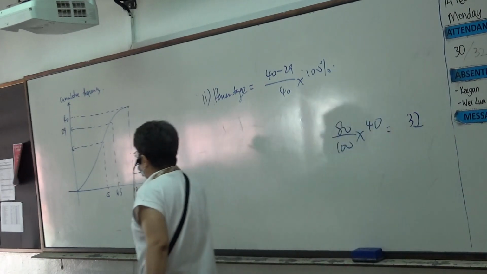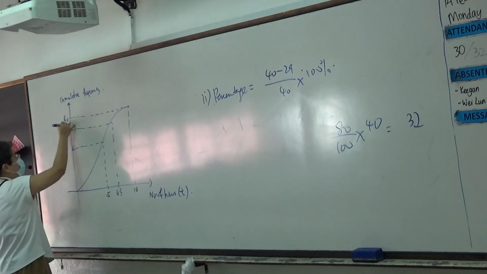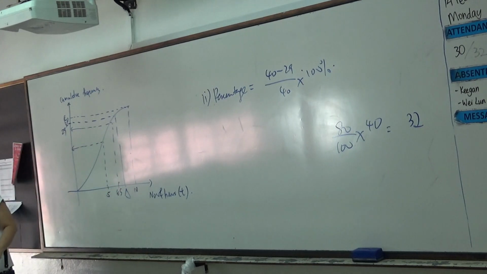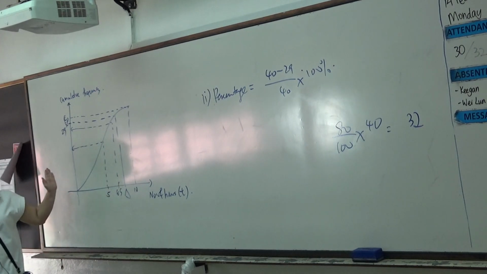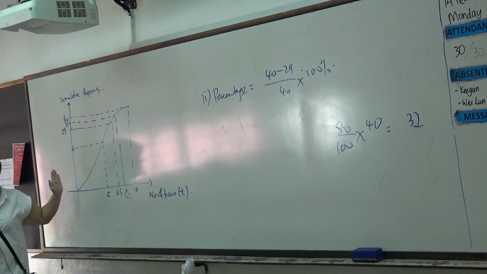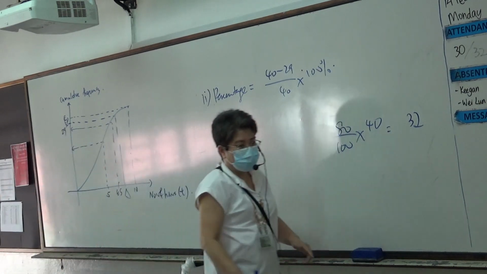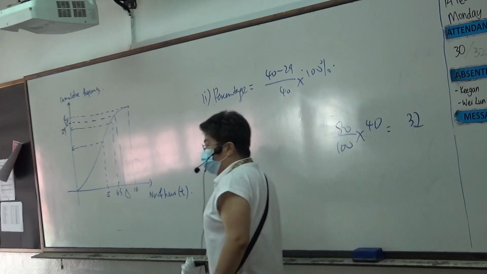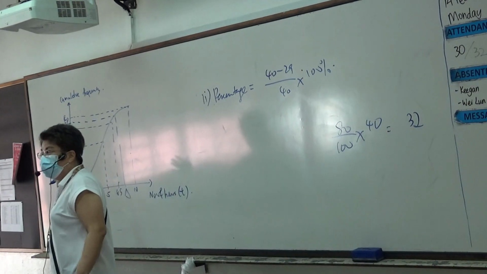So, I must go and look at 32. Then I read this value of T, right? This will be the hours or less. Everybody clear? Okay, look at 32 and you read that value. Do you agree T is 7? T is 7, okay?